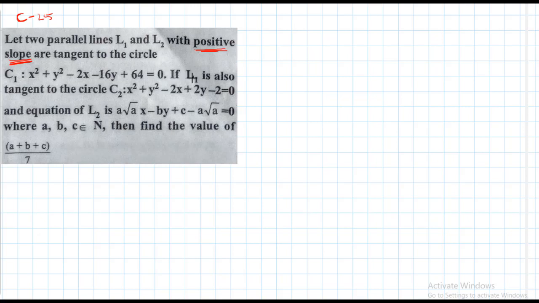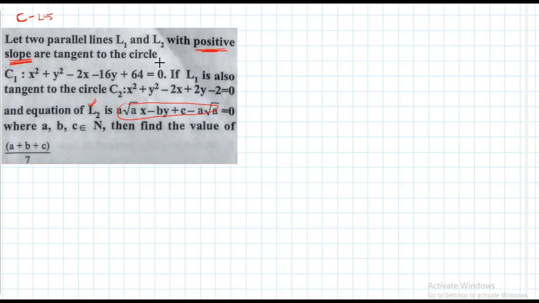If L1 is also tangent to another circle C2, and the equation of L2 is given as root a x minus b y plus c minus a root a equal 0, where a, b, c belong to natural numbers, then the value of a plus b plus c by 7. Means indirectly we want to find the equation of the tangent L2. After finding L2, you can find the a, b, c values.